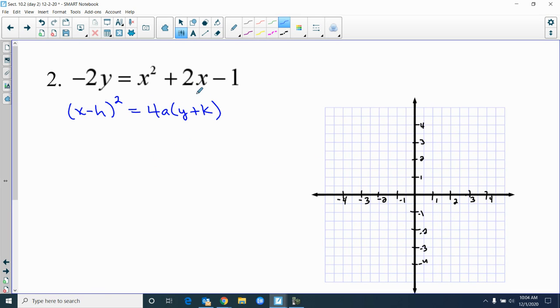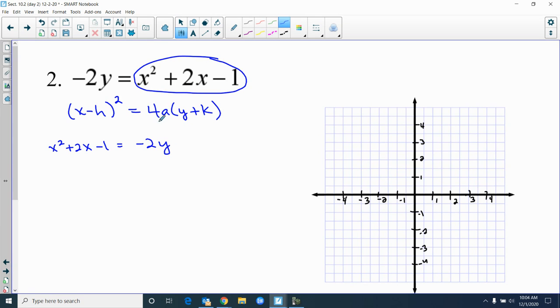All right, now what can I do here? Since this is usually on the left-hand side, I am just going to flip the sides. So I'm going to make it x squared plus 2x minus 1 equals negative 2y.